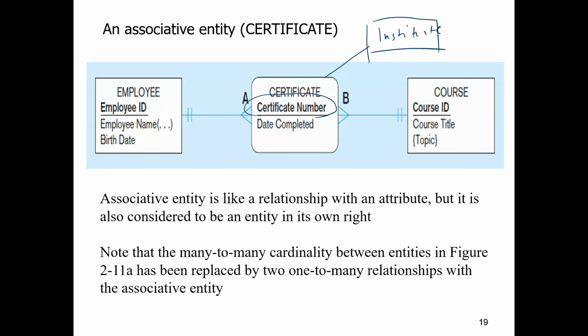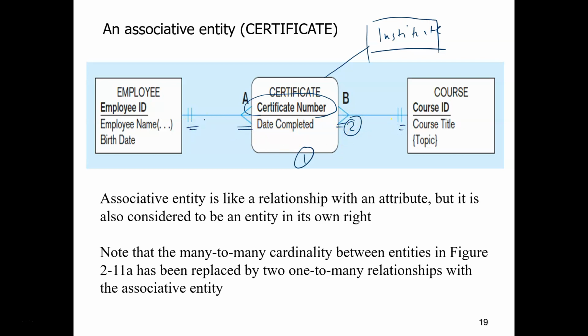When you see 2 entities having a many-to-many relationship and also attributes associated with this relationship, what you do is, first, you create an associative entity in the middle with rounded corners. Okay, let's call it certificate. Then the next thing you do is switch these many-to-many signs to the certificate entity, and you put the 1 on the employee and the course table.